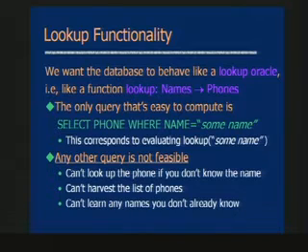I'll give a mathematical definition in a moment, but to be like a function means that the only query that is easy to compute on the transformed, or obfuscated, database is something like this: give me the phone where name is some name supplied by you. Asking this question corresponds to evaluating this function, but nothing else is feasible. If you don't know the name, you can't look up the phone. You cannot extract the list of phones. You cannot learn any names you don't already know.